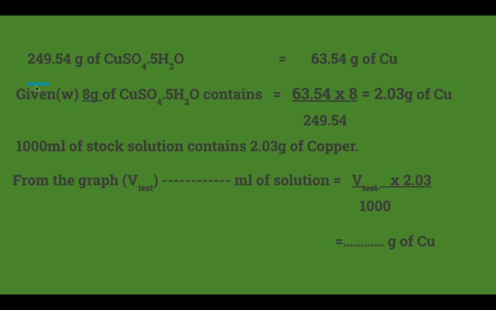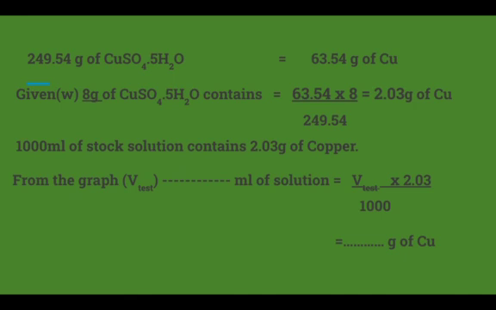Given 8 gram of copper sulfate, this is the weight of copper sulfate which we used for preparing the 1000 ml stock solution, because the copper sulfate solution was initially given to you to prepare the standard solutions.